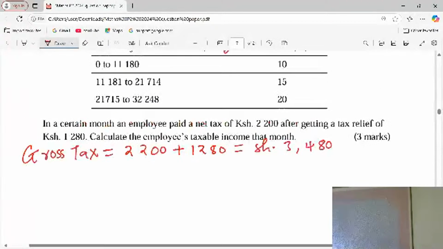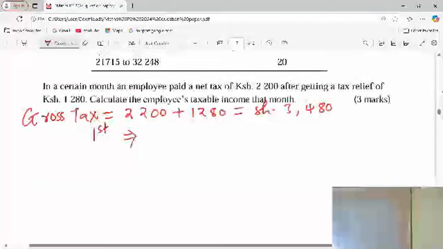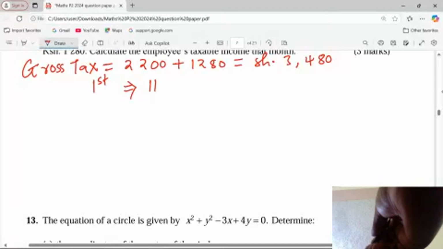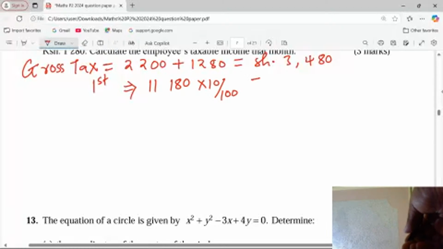Now we want to know the taxable income, which is taxed at the given rates here to give us a total tax. From the first bracket, we will be having a taxable income of 11,180 multiplied by 10%, and this will give us 1118.